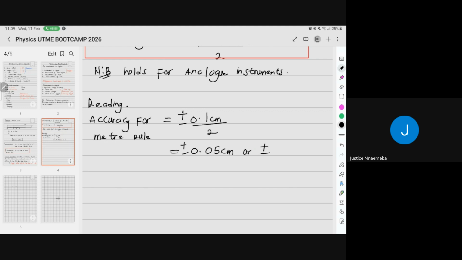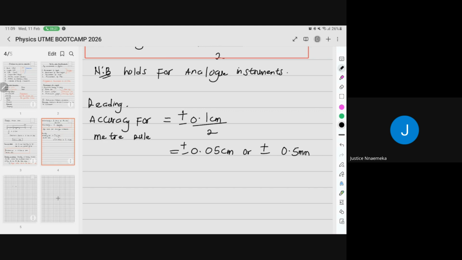Now somebody convert 0.05 centimeter to millimeter for me, based on what I taught you a few minutes ago. What will it be? 0.5. God bless you. So that will give us plus or minus 0.5 millimeter.